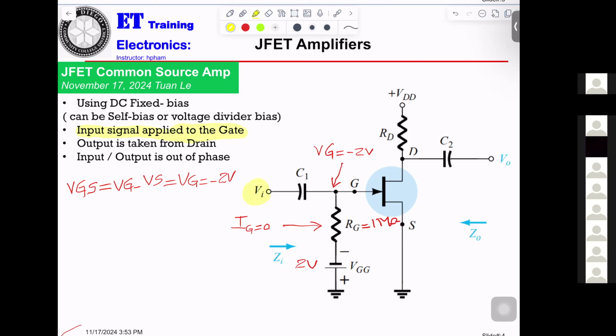That means the input signal here is a sine wave. What is the name of the capacitor C1 and the purpose of using C1?